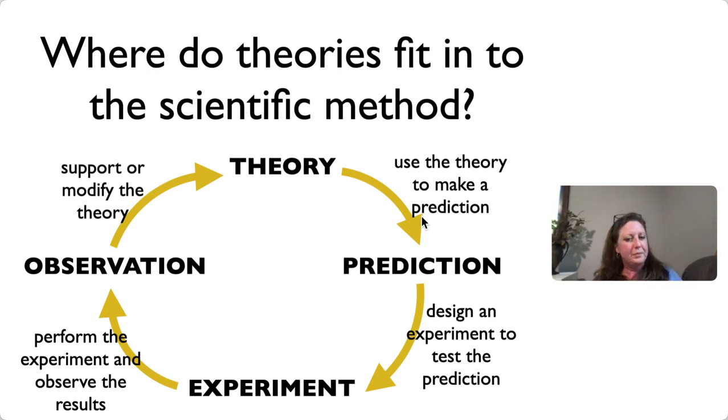That's my prediction. Now I'm going to design the experiment to test that. And after I do the experiment, I'm going to observe the results. And if it turned into two cells, then that actually supports my theory, and some other scientist is testing that theory in a different way. So this is how it all fits together.